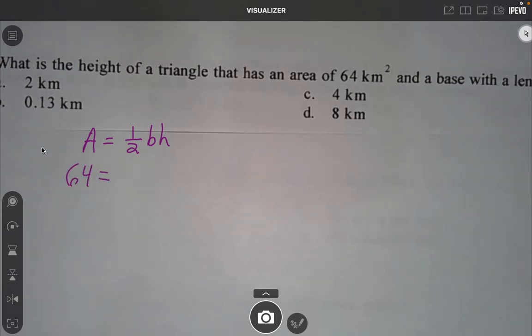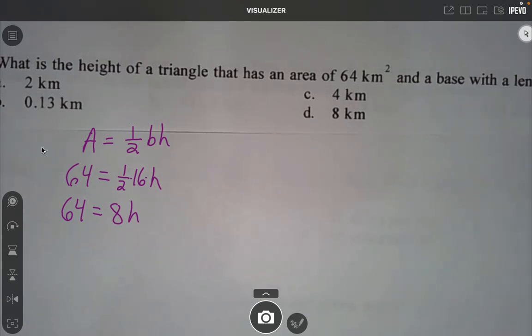And it tells me that the base, what does it tell me that the base is? 16. And I'm looking for H. So the easiest thing to do right now is, what's half of 16? 8. So I have 64 equals 8 times H. I just took these two numbers and multiplied them.